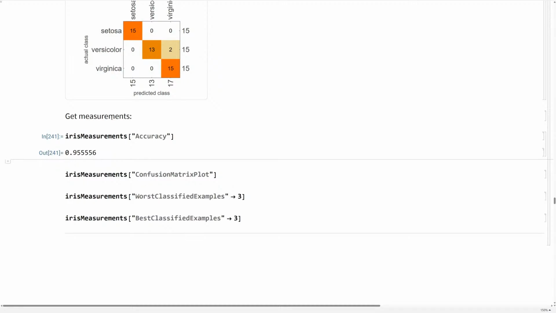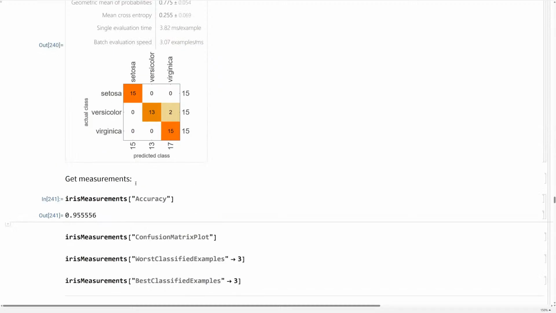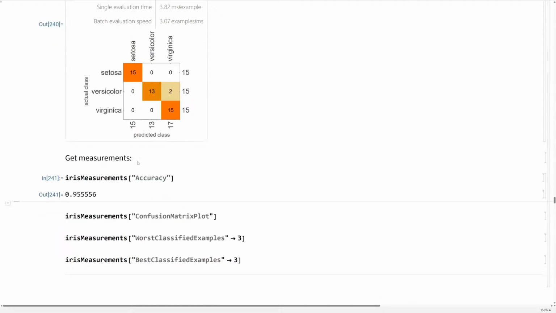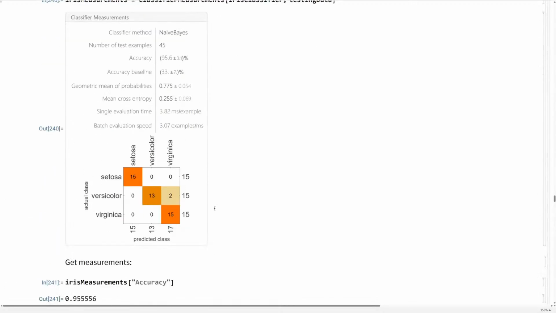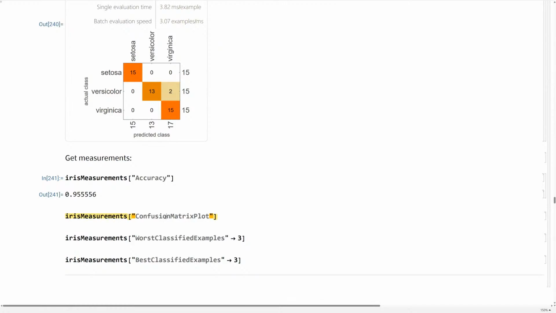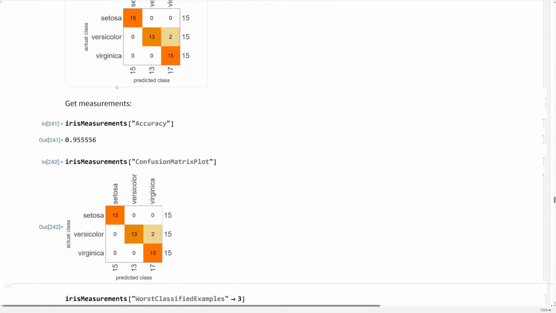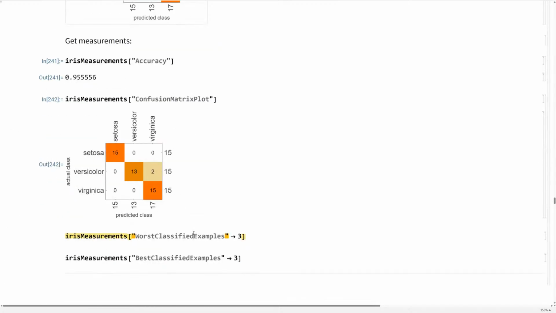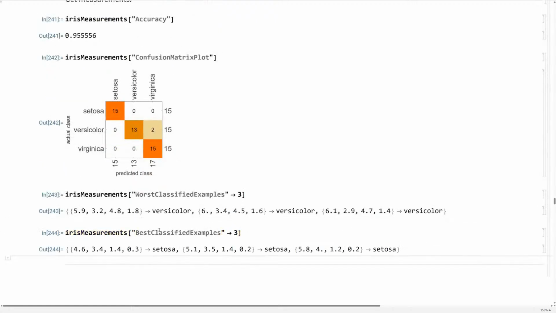So yeah, we can also correlate the measurements just as they are now, not in this fancy table. And also we can query for the confusion matrix. And here we're asking for the worst classified examples. Okay, please give me 3.